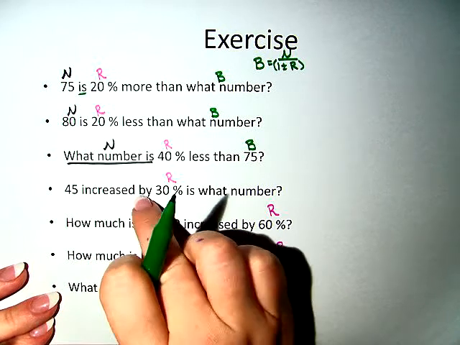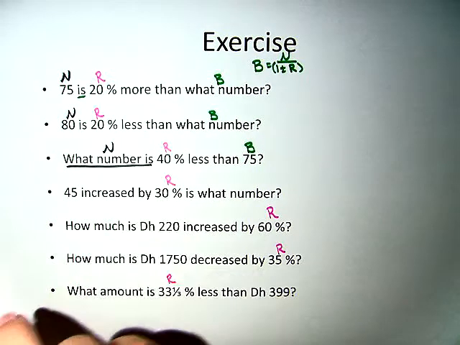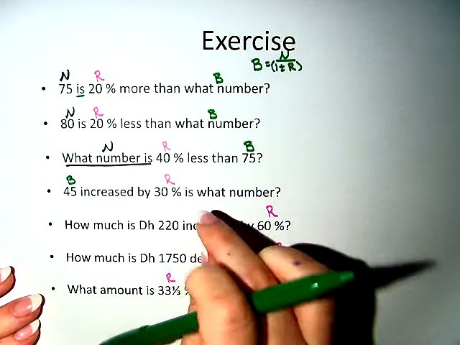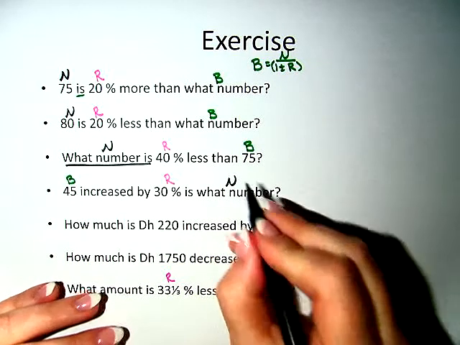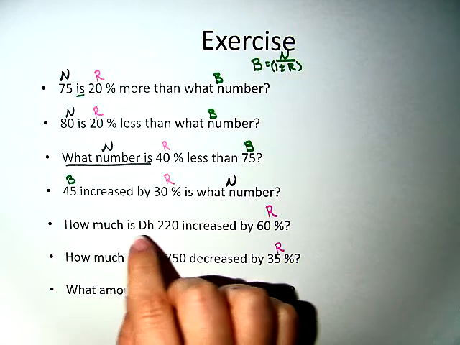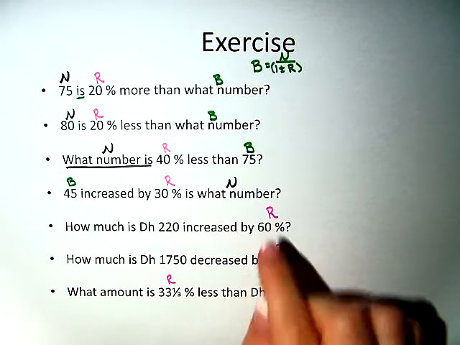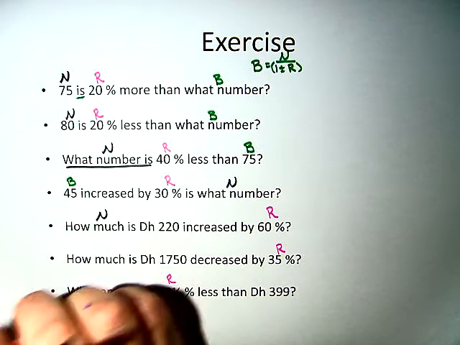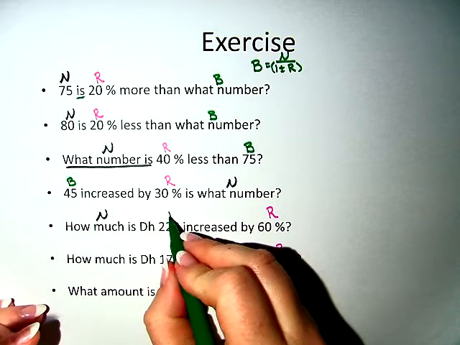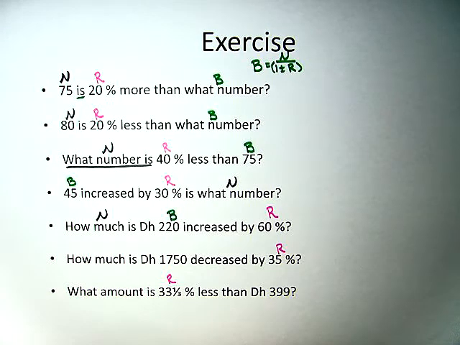45 increased by 30%, okay, so 45 is our base, is what number? That is our new number. Okay. How much is 220 increased by 60%? This is means that that's our new number, and that 220 then must be our base.